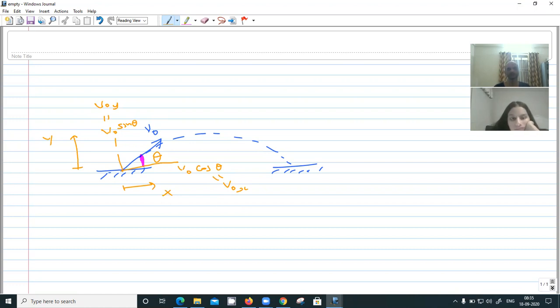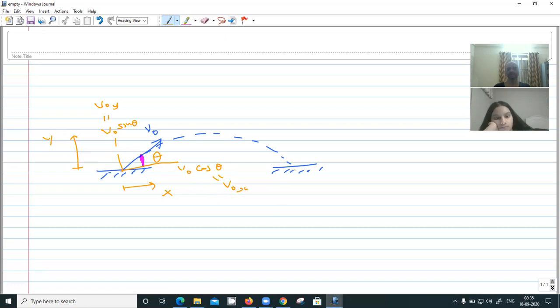Now we have also the vertical component v naught sin theta. You know how to take components, right? Like along trigonometry? Yeah. Okay. So the side with which it makes the angle theta, that will be cos theta, and the other side will be sin theta. So v naught cos theta is this horizontal component, and this is the vertical component.